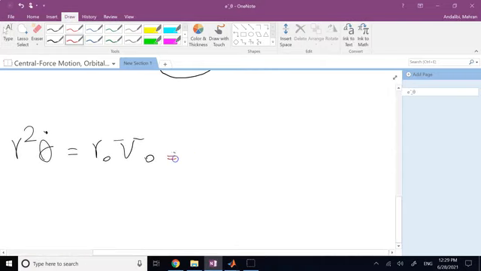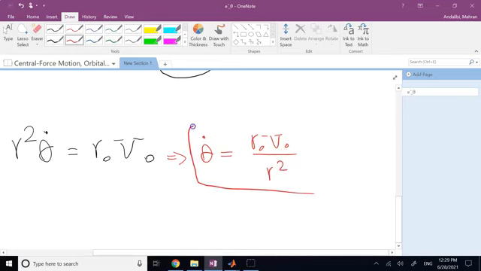And in this new equation, I can calculate theta dot. So this is going to be r0 v0 divided by what? R squared. You see, now theta dot is written in terms of r.